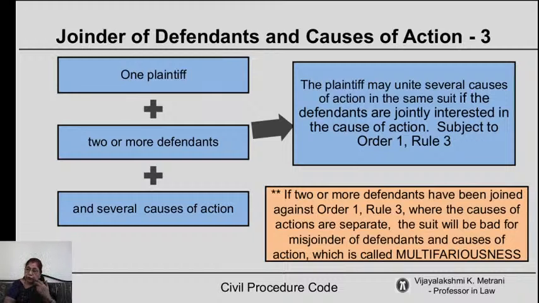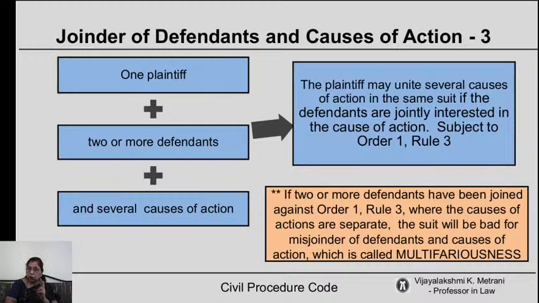Again the cause of action arises relating to that, and he gets other reliefs. So under that cause of action he can claim some other remedies also. So there are several causes of action by one plaintiff, and there is more than one defendant, then all the causes of action can be joined.